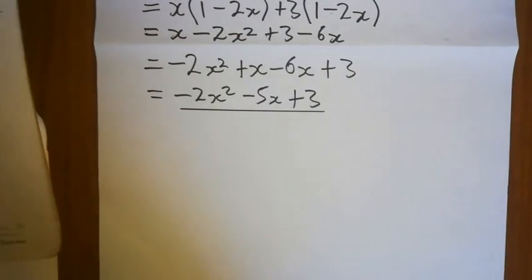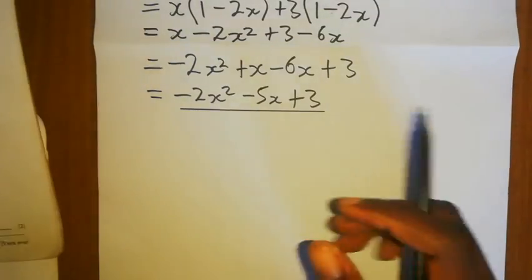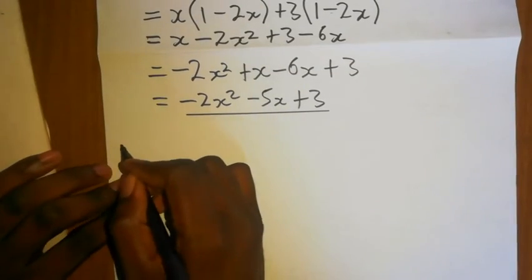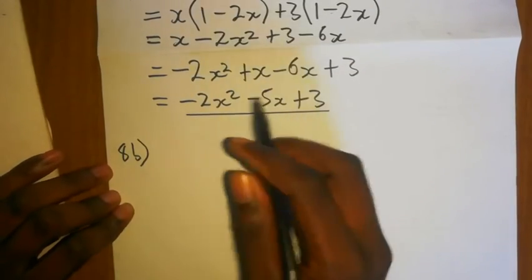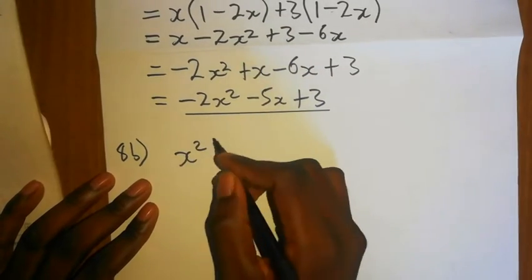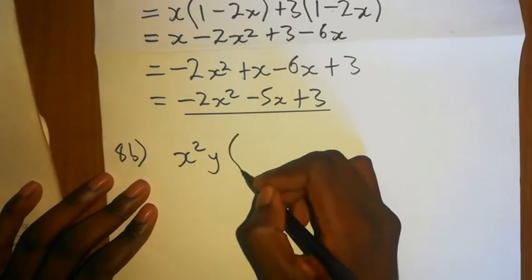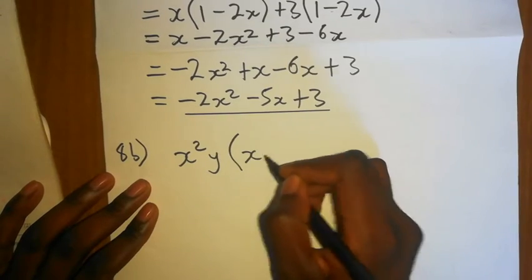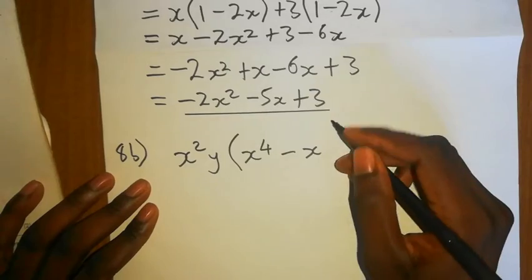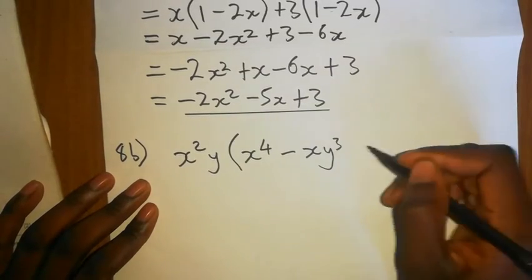So this is our November 2001, guys. Let's try to work it out as it is. So in this case, this is number 8b. November 2001, it's x squared y, then bracket x to the power 4 minus x y to the power 3.